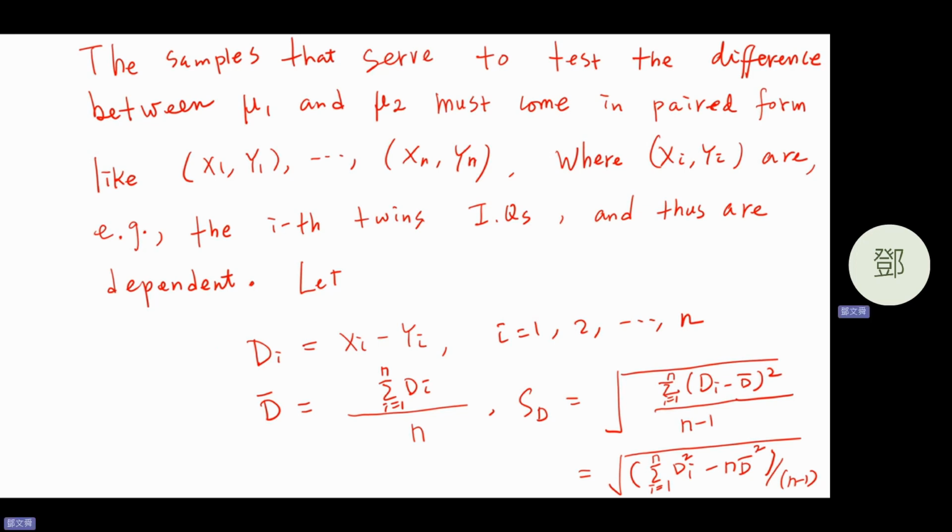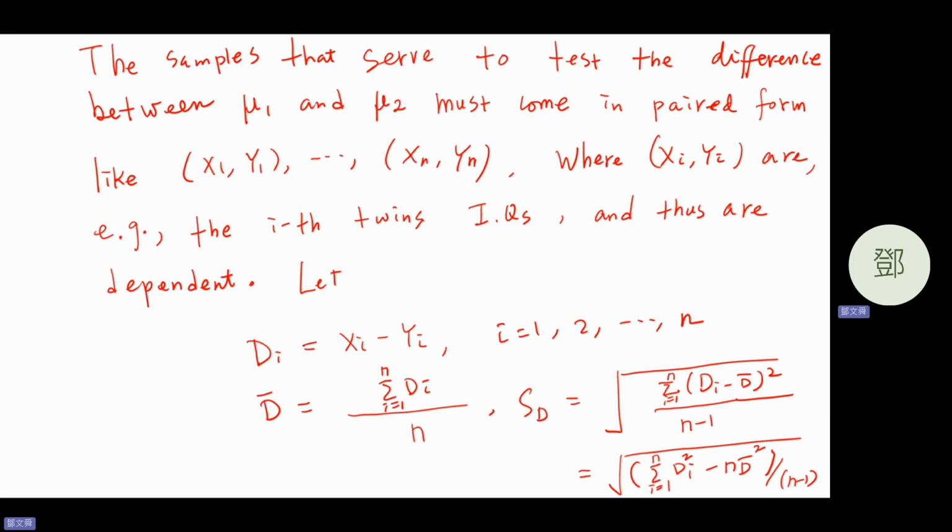So you have Di. Once you have D1, D2, D3, all the way to Dn, the original pairs are not to be used anymore. All you need to use is Di. And then you calculate the mean value of D and also the standard deviation of Di.